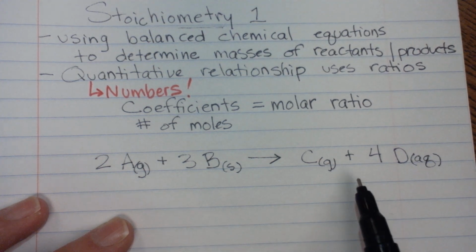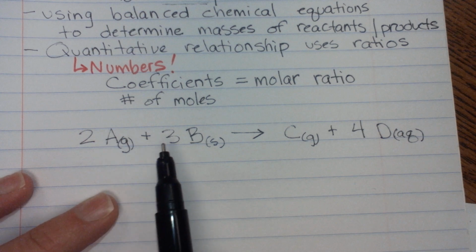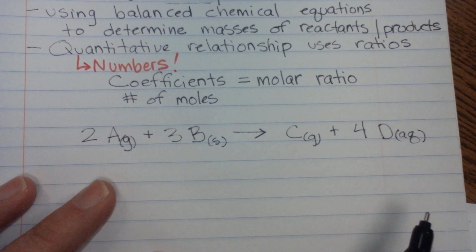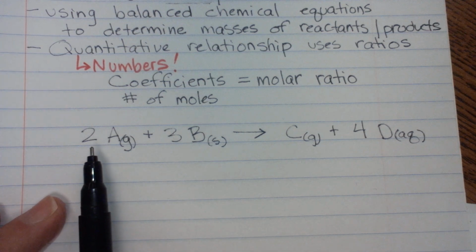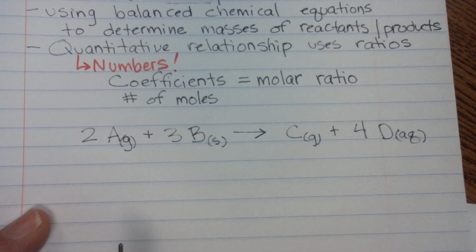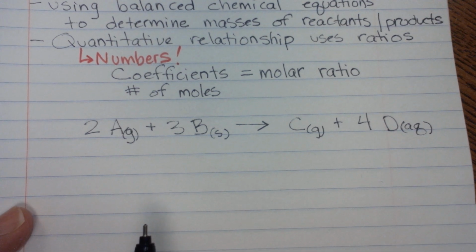Okay, so in using these generic variables, we're saying it doesn't really matter what the compounds are, because at this point we're looking at the coefficients. The coefficients are the key to getting stoichiometry correct.